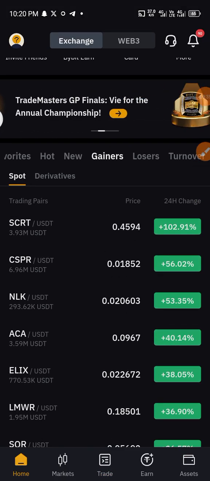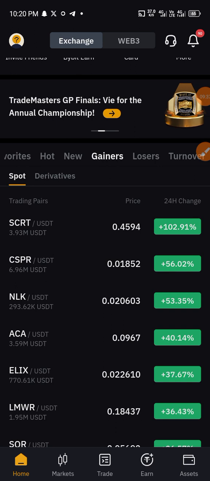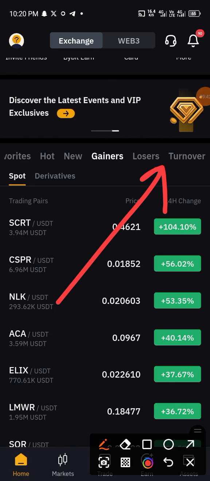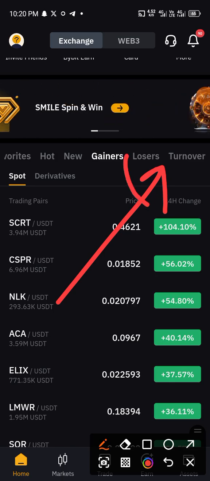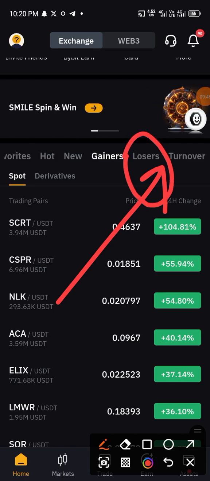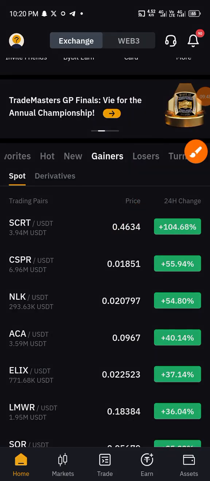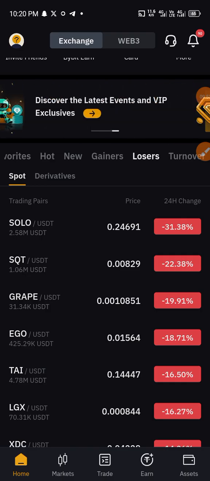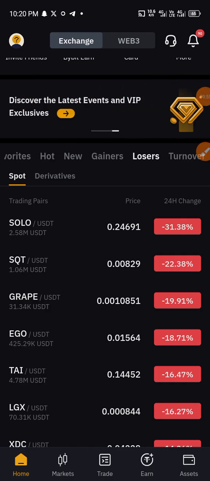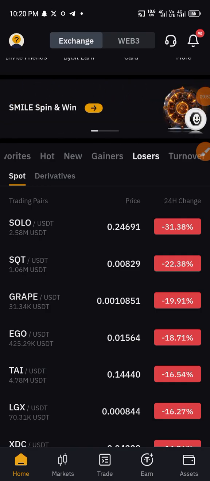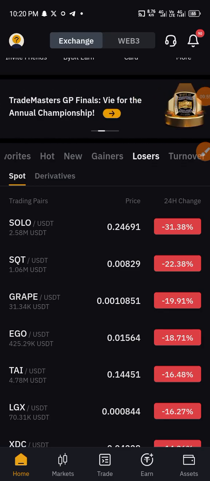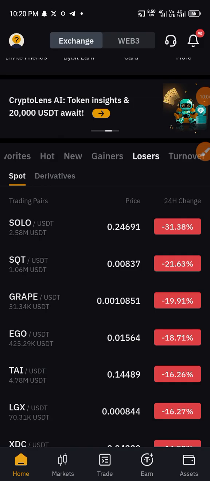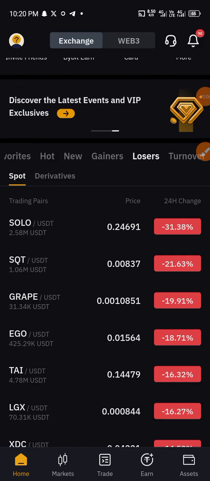Another strategy you can take from here is by quickly navigating yourself to the losers. If you open the losers, this is the strategy you will use. You're going to look at which ones have higher negatives, the ones that have been losing in the past 24 hours, and are still seriously losing.